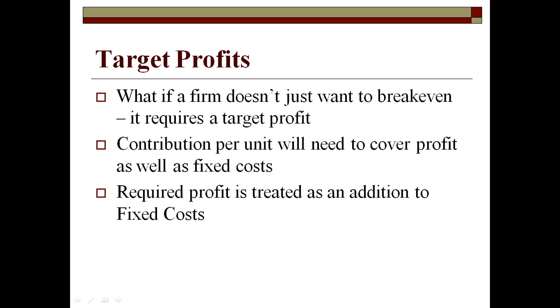Target profit. What if a firm does not want to break even? It means it requires a target profit. Contribution per unit will need to cover a profit as well as fixed cost. Required profit is treated as an addition to fixed cost.